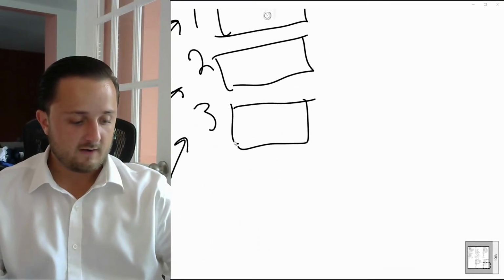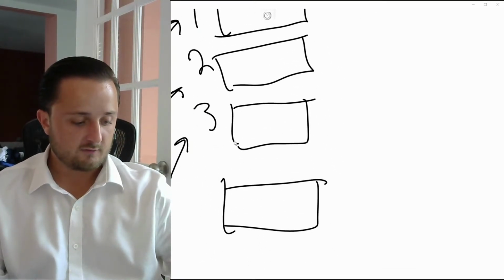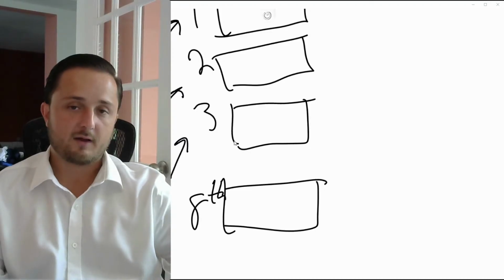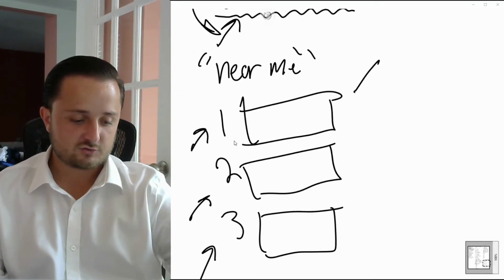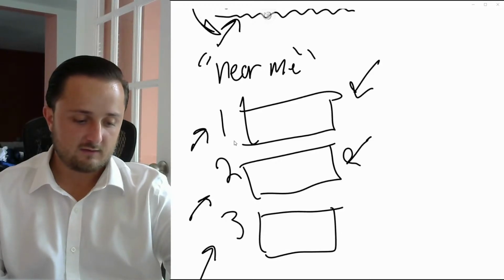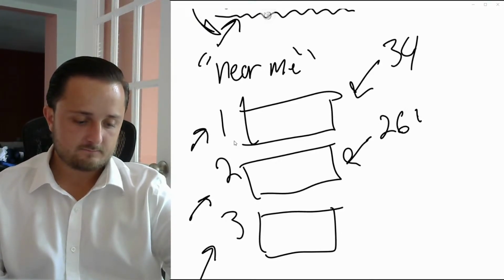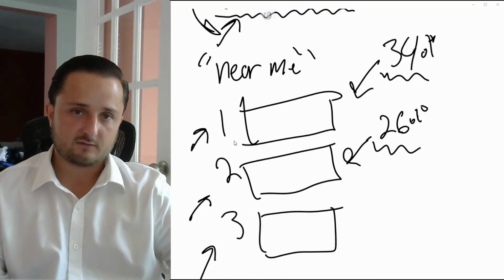What's going to happen to your profile as a service area based profile is you're going to start appearing towards the bottom. There's a study done on how much traffic goes to these positions. The first position gets 34%. The second position gets 26%.